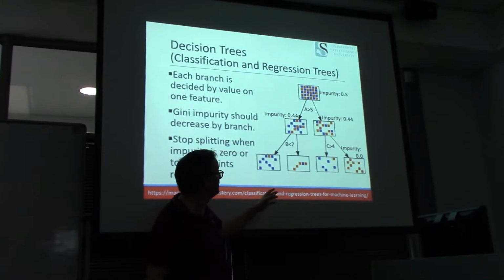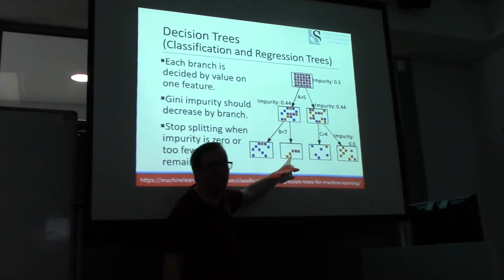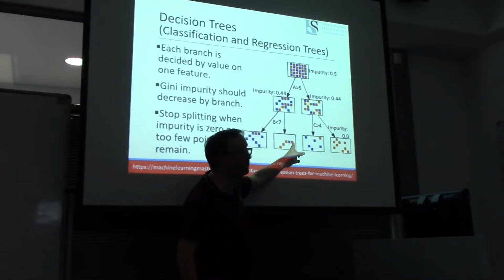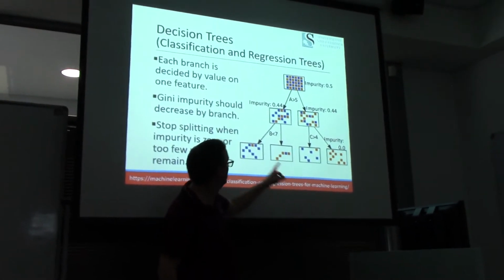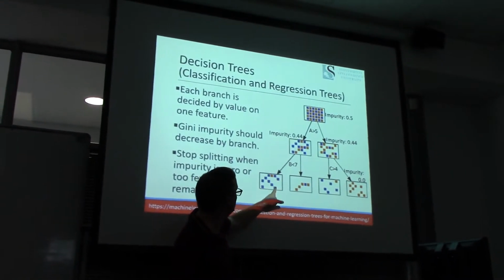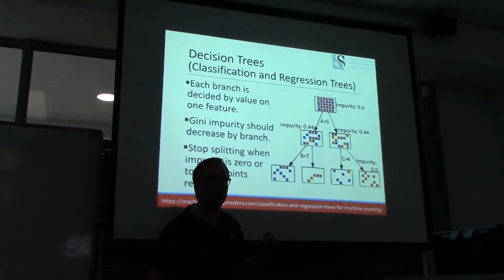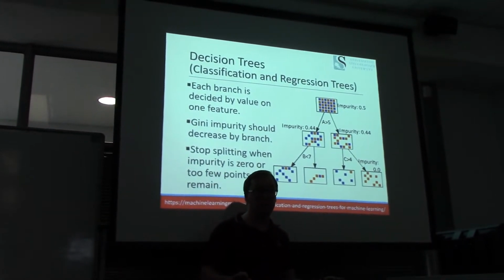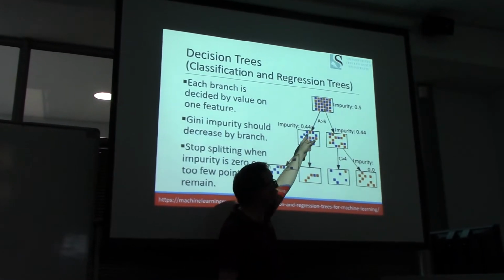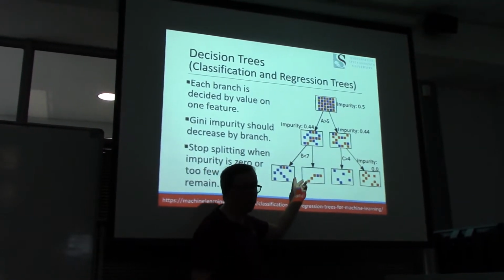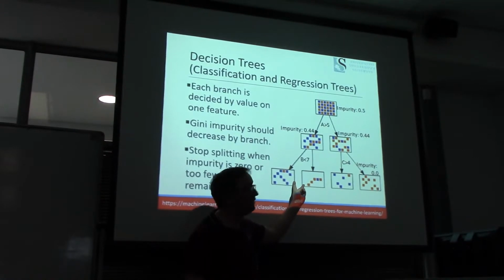Now, how did we do? Did that work well? On the right, we have 4 orange and 1 blue. On the left, we have 9 blue and 1 orange. So, not terrible. By asking just 2 questions, we get to pretty homogeneous groups of people.